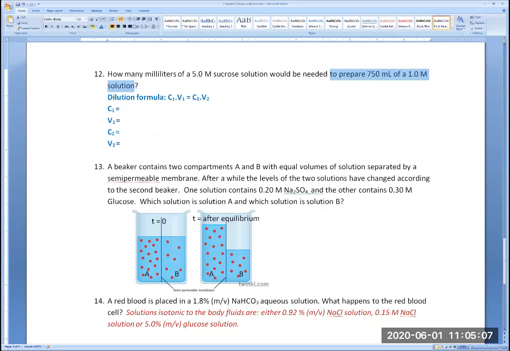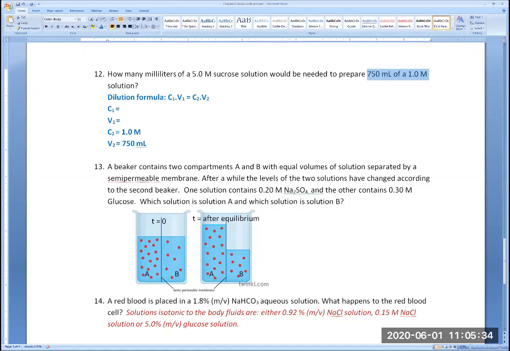You want this at the end. And so there is a volume, and that's the volume you want at the end. So that will be your V2. And the concentration at the end that you want is 1.0 molar, right? And these go together. You don't want to split them. It's the diluted solution that you want at the end.